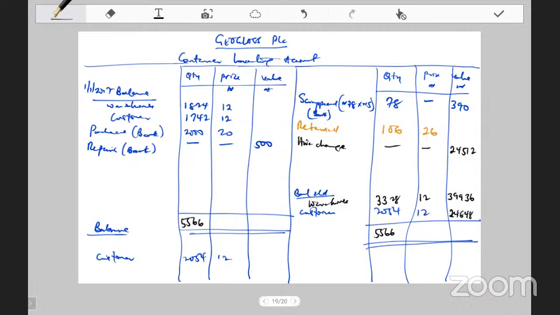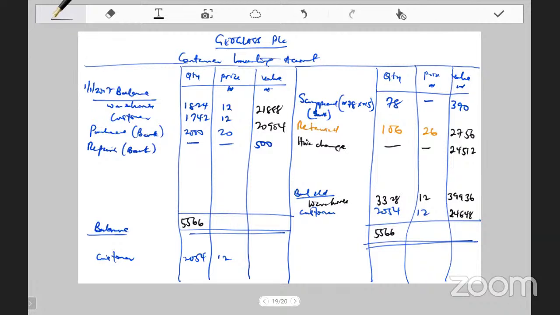And let's key in all the figures. 1824 times 12. That's 2188. 1742 times 12. That's 20904. 106 times 26. That's 2756. So can we determine our profit?